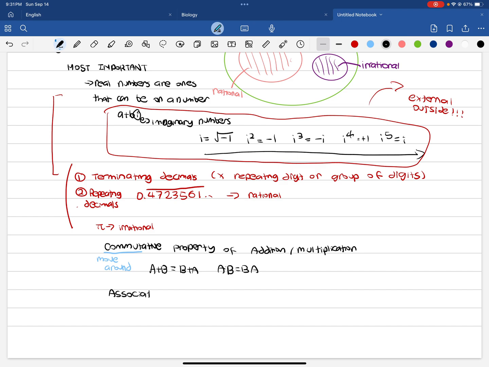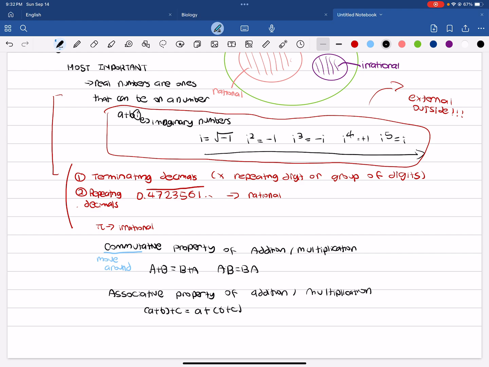Associative property of addition and multiplication, guys. It means that any three numbers, A, B, and C, for example, whether or not they're in parentheses, well, it's more likely it's just in parentheses, guys. It means that they'll always be the same.